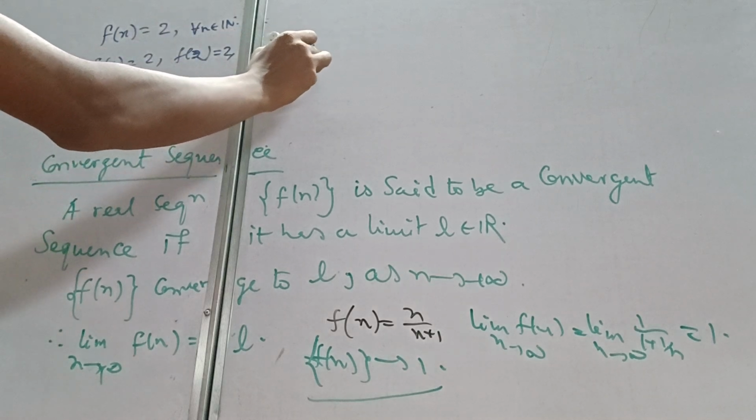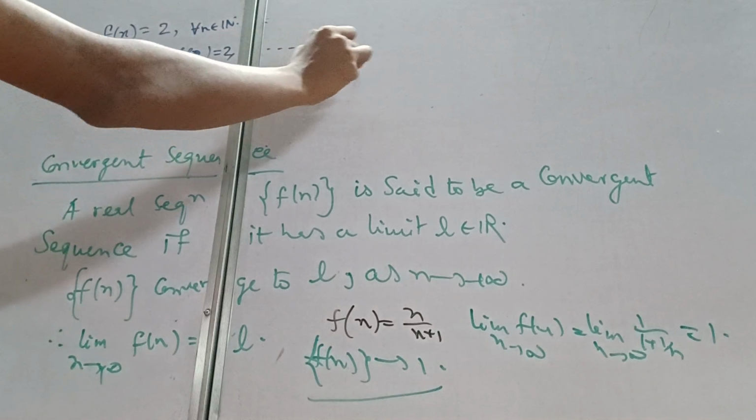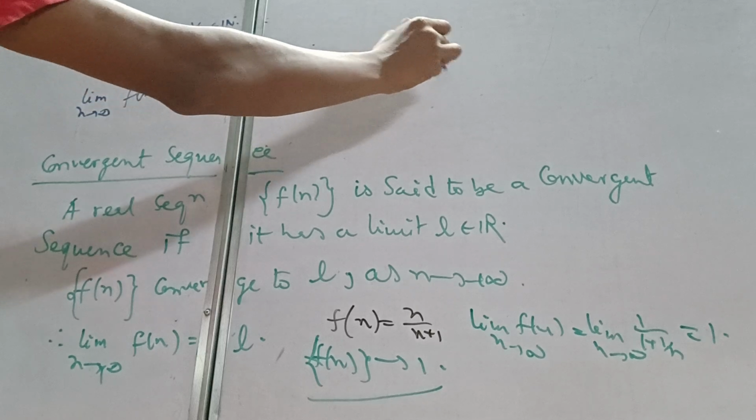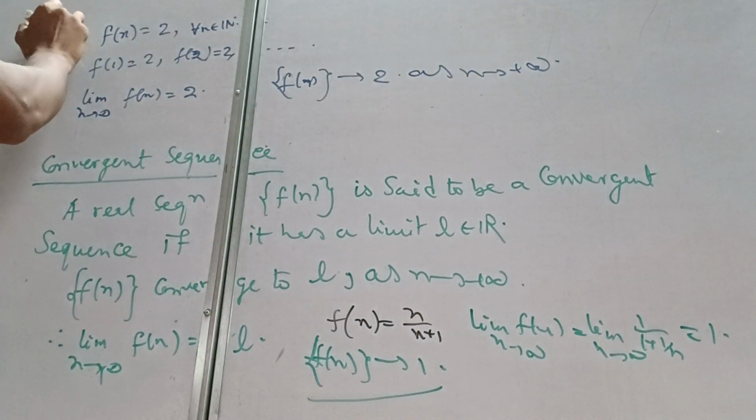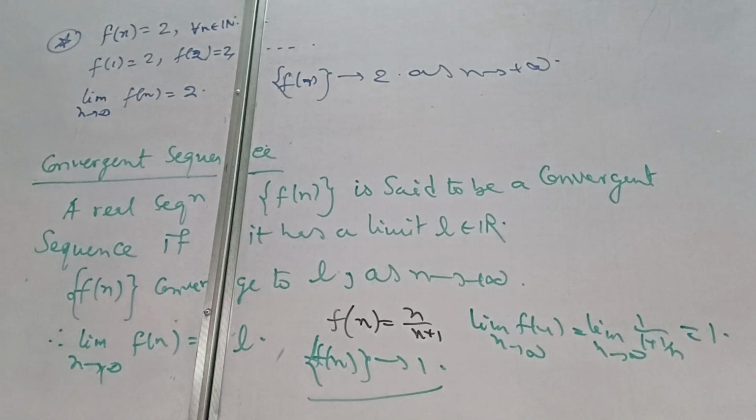So f(n) converges to 2 as n tends to plus infinity. So this is a constant sequence and obviously convergent.